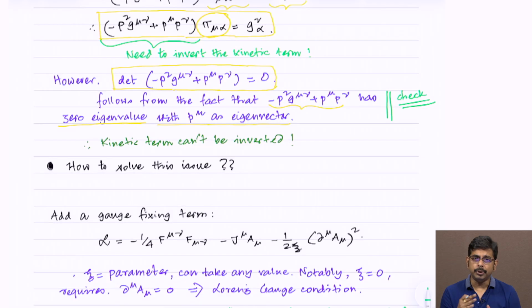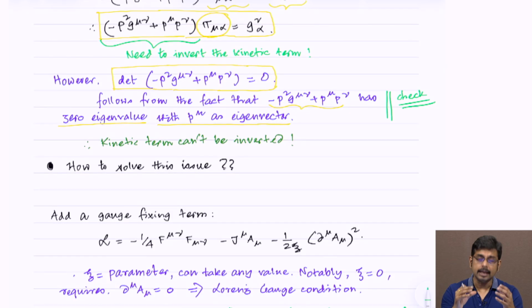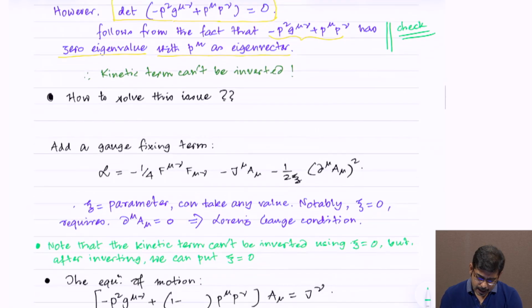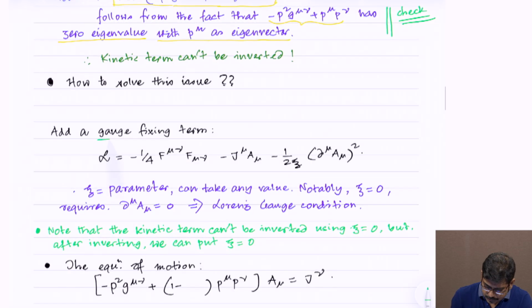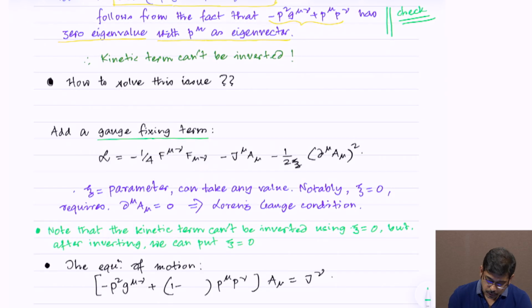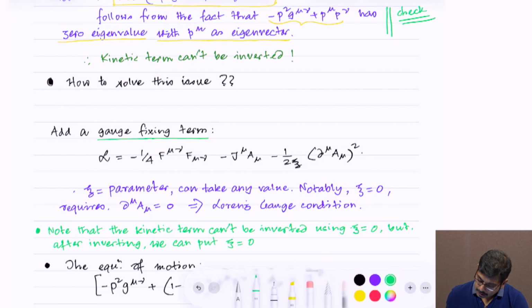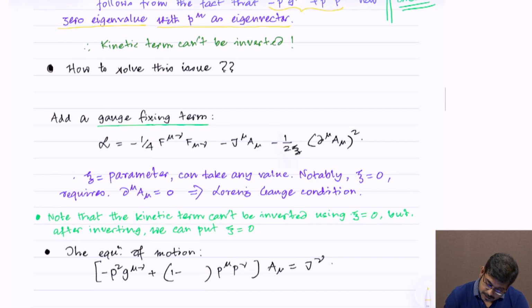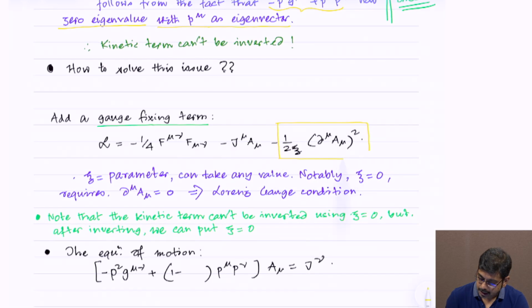There is one way of doing it, which is to add a term explicitly by hand, and that is what is called the gauge fixing term. The way that you do that, you basically add to this Lagrangian a term explicitly, which is −(1/2ξ)(∂_μ A^μ)².